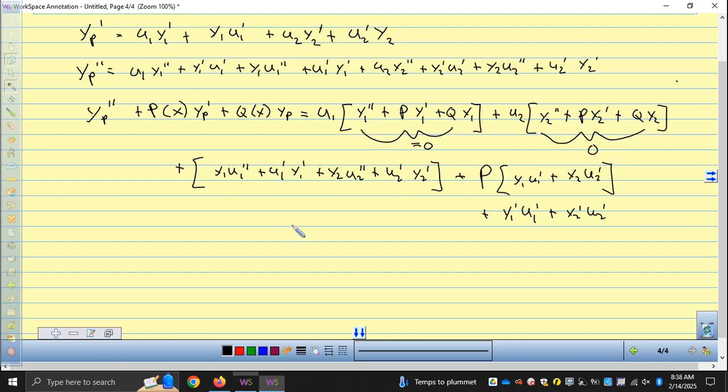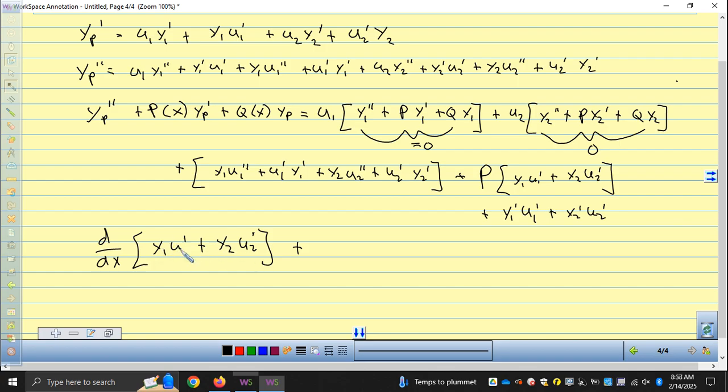So I can rewrite this as the derivative with respect to x. This term is y1 u1 prime plus y2 u2 prime. If I take the derivative of this with respect to x, I get this entire term. Wait, is that the derivative of y1 u, or just y1 times u prime? It's y1 times u prime.